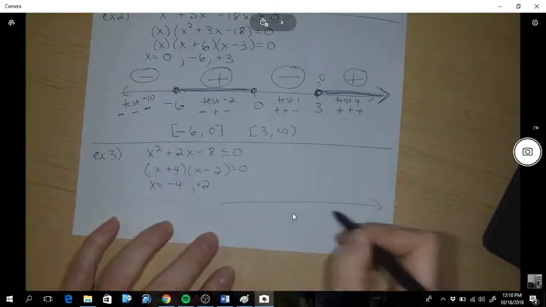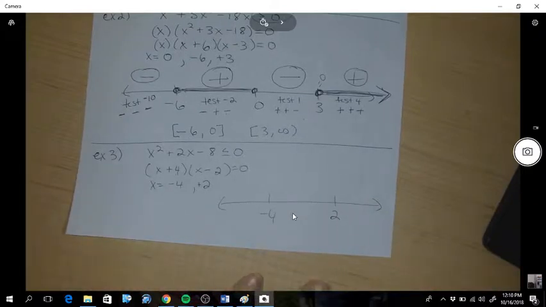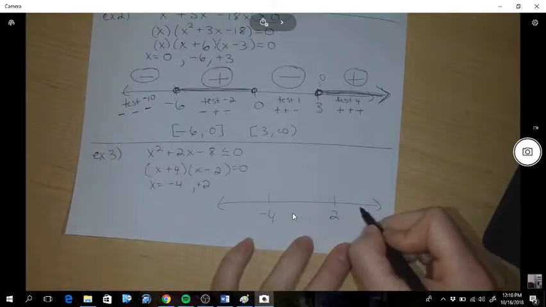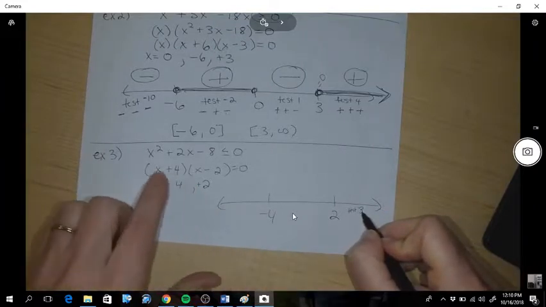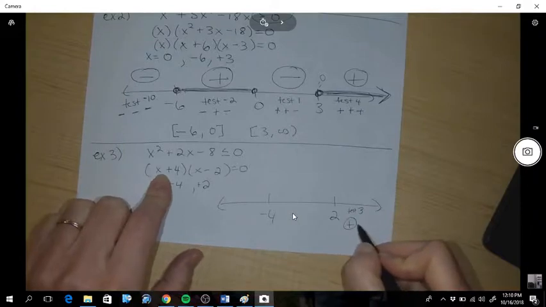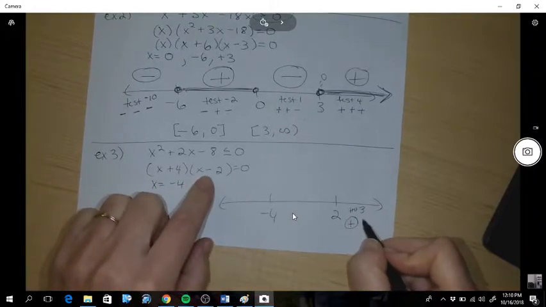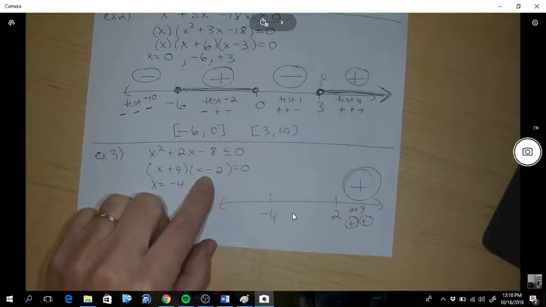So I'm going to put them on the testing strip. Okay, so test 3. So 3 plus 4 is positive, and 3 minus 2 is positive. So 2 positives end up being positive in that region.